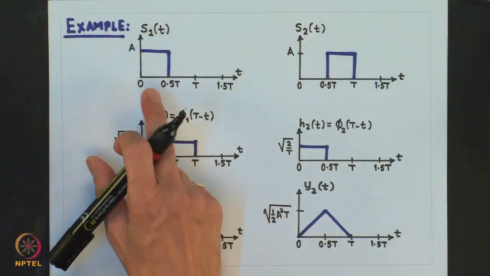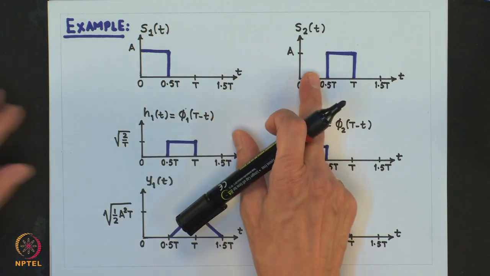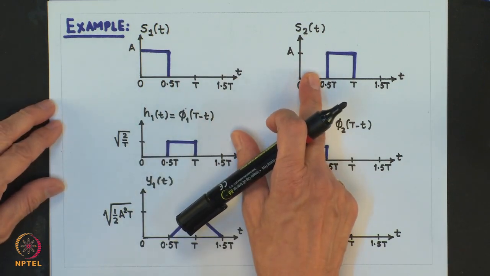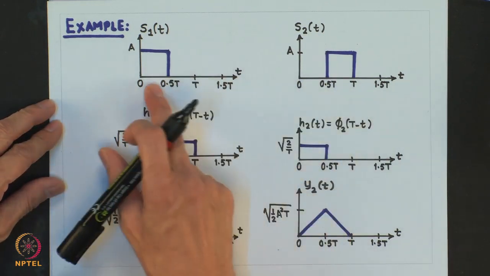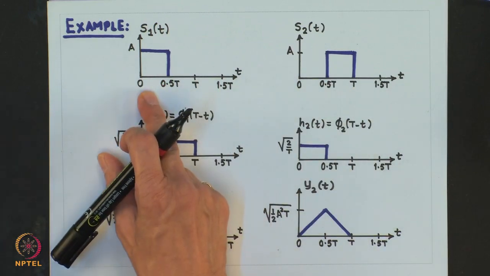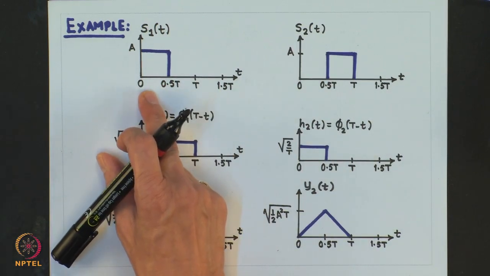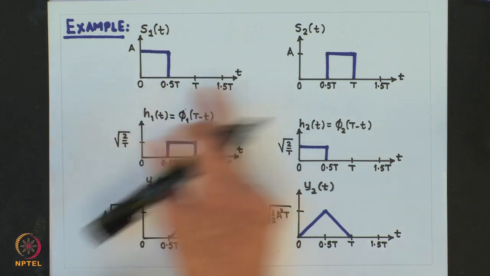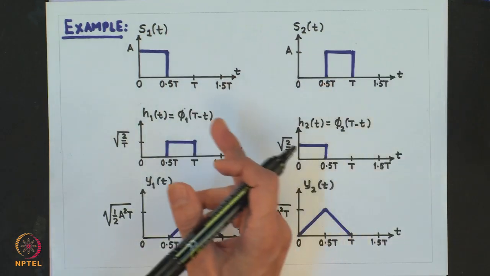Okay. So, quickly, to appreciate what we have done, let us take one example. Let us say I have two signals S1(t) and S2(t). Right. Now, looking at these signals, it is very easy to see what the orthogonal basis signals to represent these two signals are.